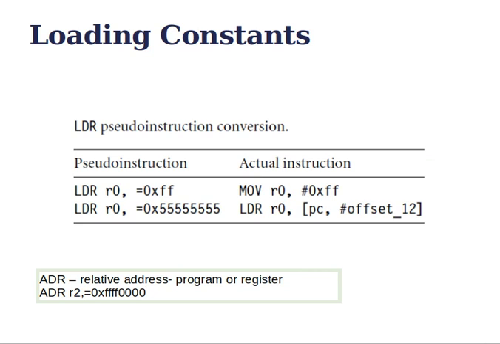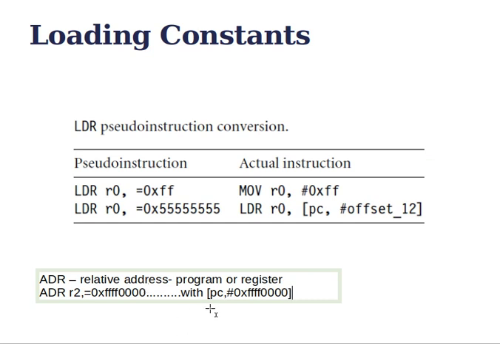If it is program relative, it can be replaced with a PC value, for example PC, comma, hash 0xF0000.